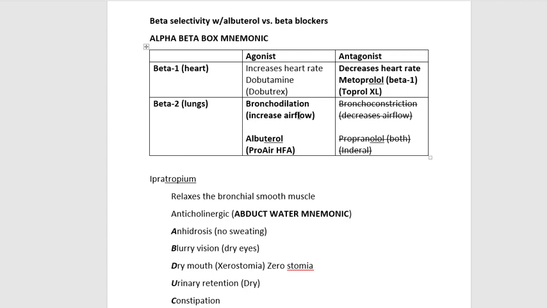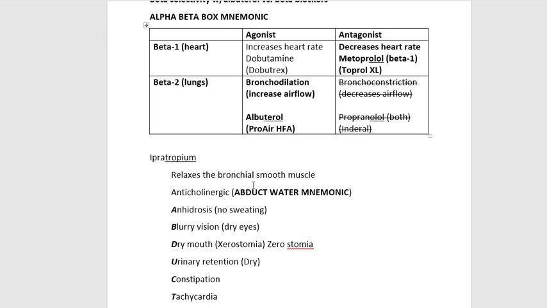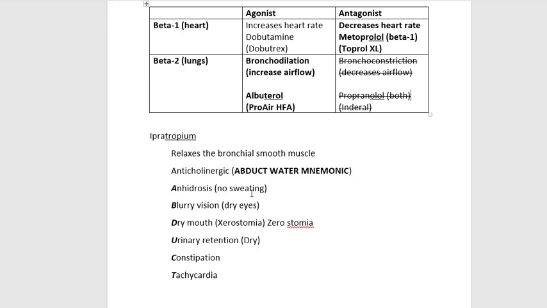Okay. So another medication that you can use to relax bronchial smooth muscle, besides something like a beta 2 agonist, is an anticholinergic. And usually we remember these anticholinergics from their side effects rather than their therapeutic effects. We see in here tropium.